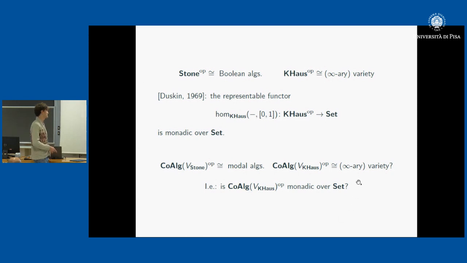The question is whether something similar happens for compact Hausdorff spaces. If you take the coalgebras for this Vietoris functor, is the opposite monadic over Set? Or equivalently, is it dual to a variety of infinitary algebras?